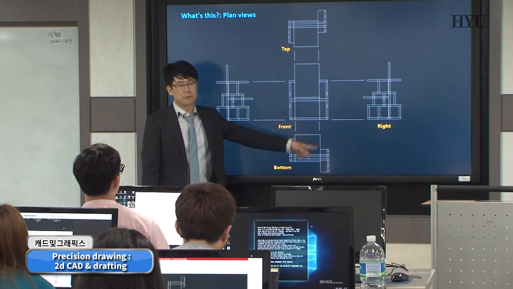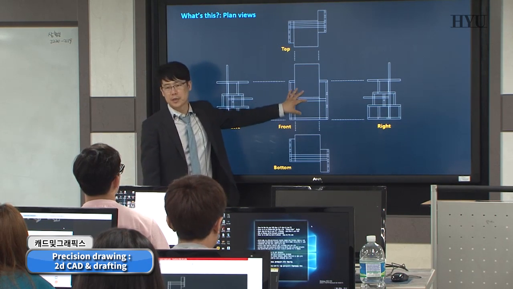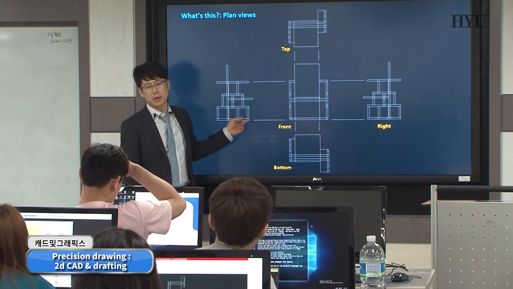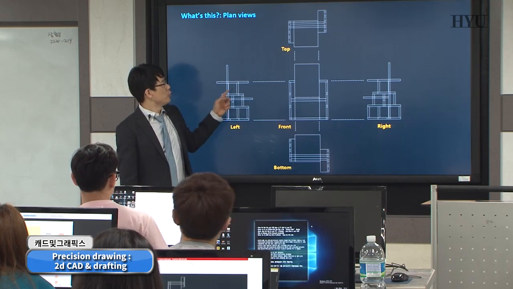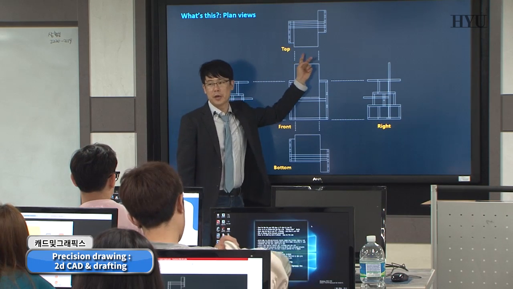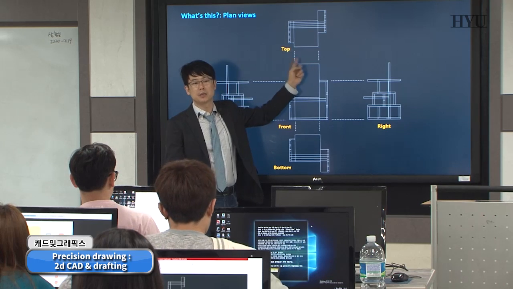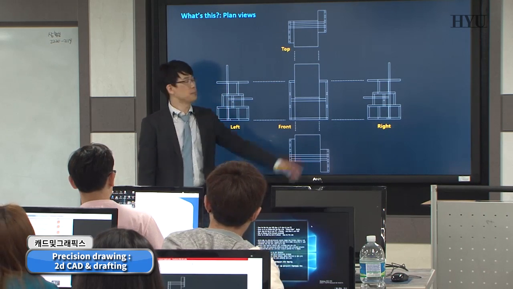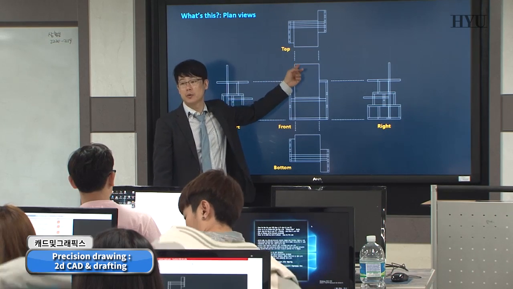What is a floor plan? If the product is a building or building interior, what is the floor plan? Which one is the floor plan? Of course, top view. Top view is floor plan. But precisely speaking, it's not a top view actually.